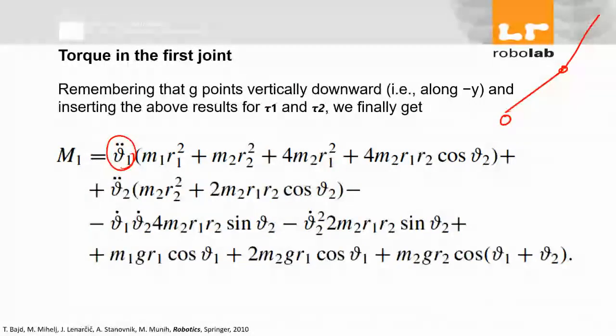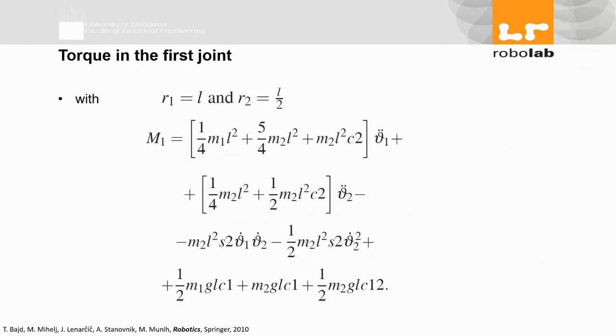If I have these two again, the acceleration I have here, so this is theta 1, multiplied by this, plus the acceleration you have at the second one, and the multiplication of the speeds of 1 and 2, and the square of the second angular rotational speed, and also the gravity effect on your system.